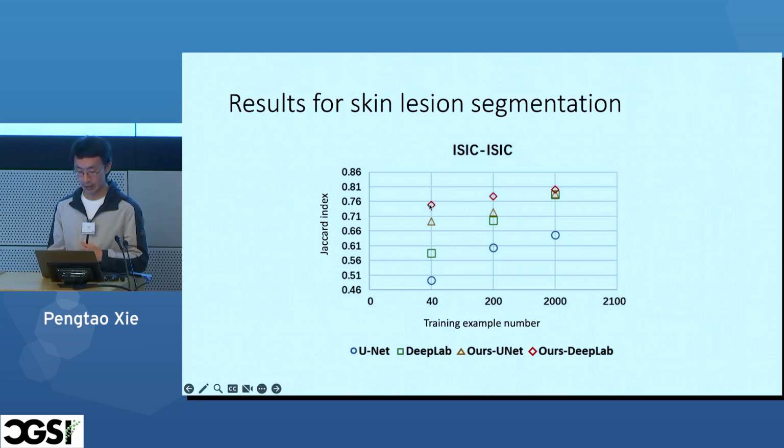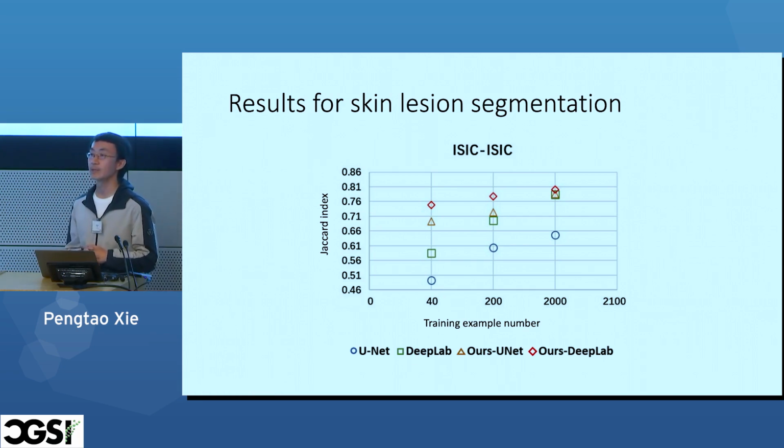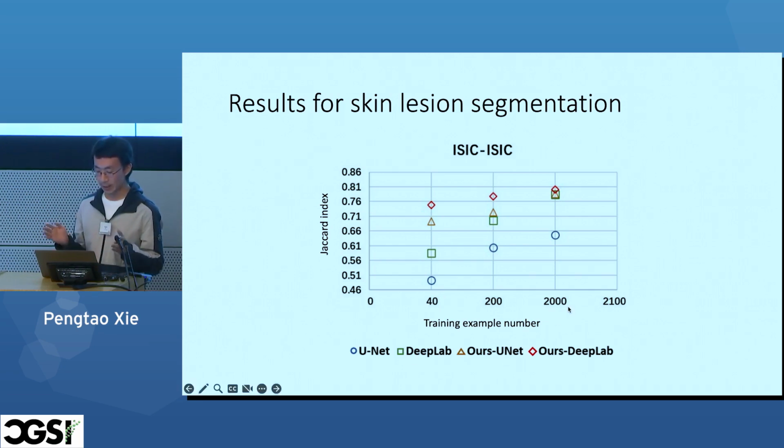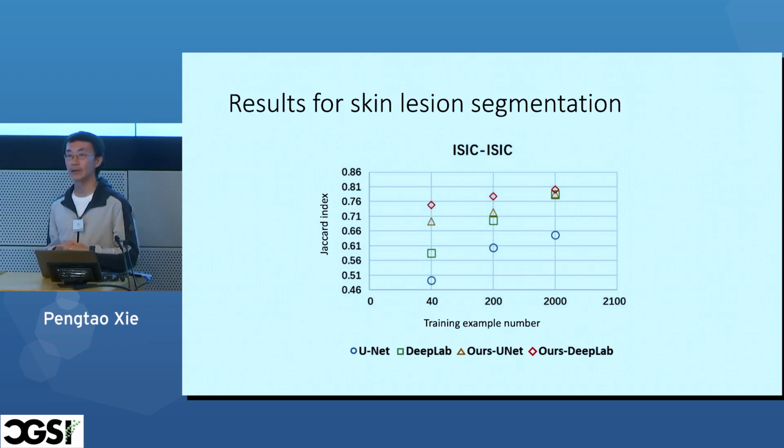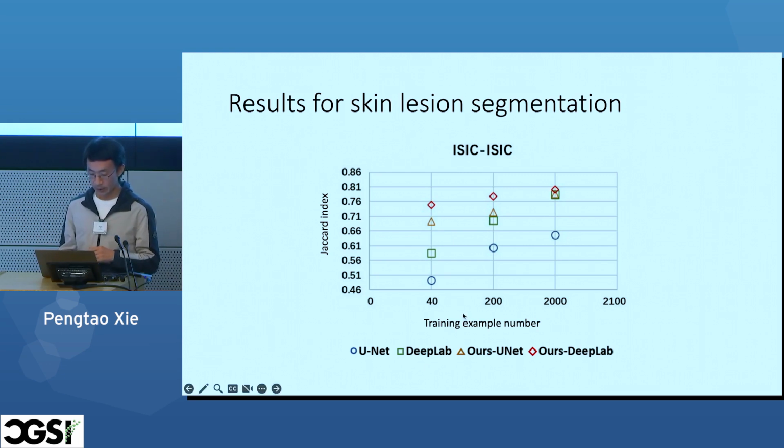We can see that our DeepLab and the vanilla DeepLab have similar performance, around 76%. But for our method, we only need 40 training examples, while the vanilla DeepLab needs 2,000. So we can reduce the sample complexity by 50 times without losing performance. Similarly for UNet, this blue circle is the vanilla UNet, which needs 2,000 training examples, and this triangle is our UNet.